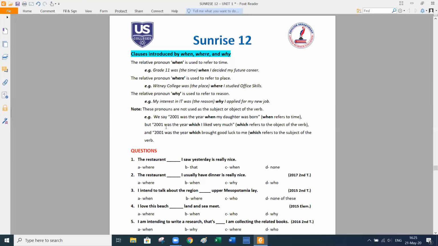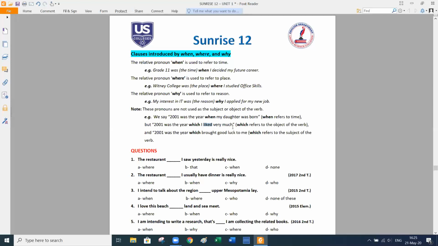But we say 2001 was the year which I liked very much. So we look at the relative clause, which I liked very much. I is the subject, like is the verb. And I is the subject because it comes immediately before the verb.